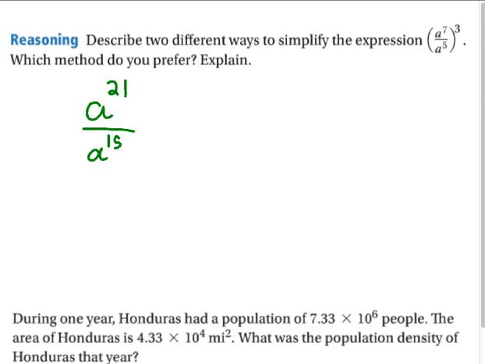Now I use my division, 21 minus 15, to get a to the 6. So remember, that's one way. The other way is you could simplify within the parenthesis first. So 7 minus 5 leaves me with 2. Now, power of a power, 2 times 3, gets me that same a to the 6.